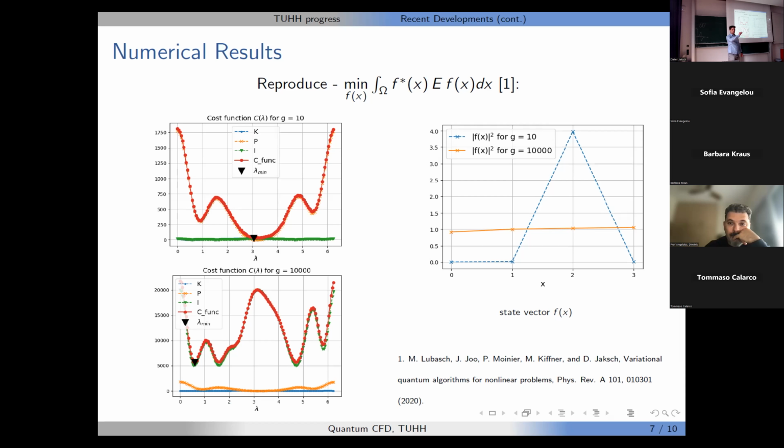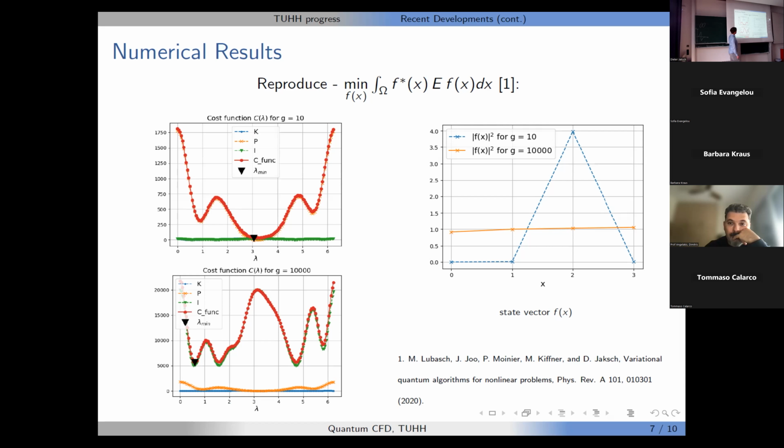Then we can tune this lambda, of course, from 0 to 2 pi, and then it's just periodic repetition. And then we can first of all determine how each of the summands contributes to the overall cost function, where the overall cost function is basically proportional to the energy.